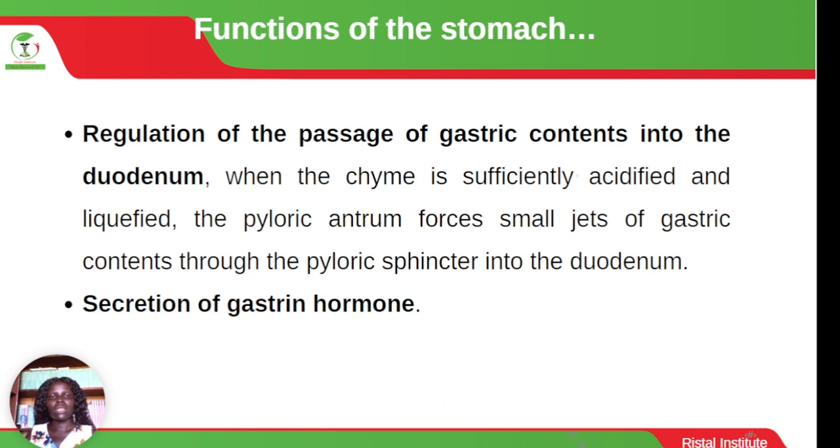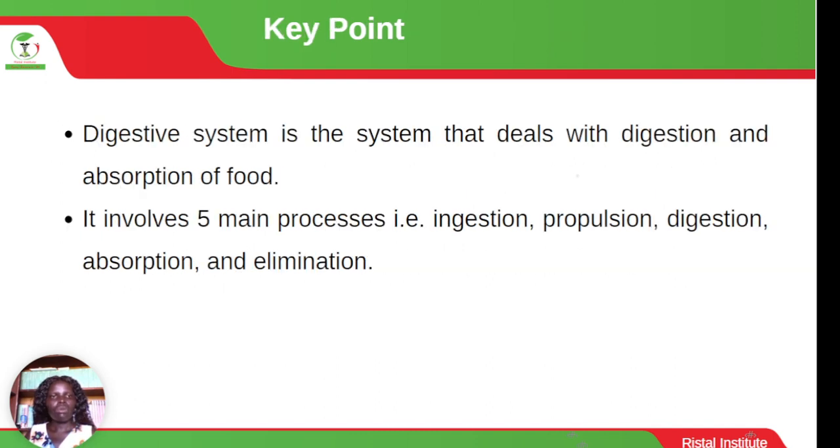So once enough acid and enough liquid have been added, the chyme will be released in bits into the duodenum until it is finished from the stomach. Then the other function is secretion of gastrin hormone, and those are the functions.